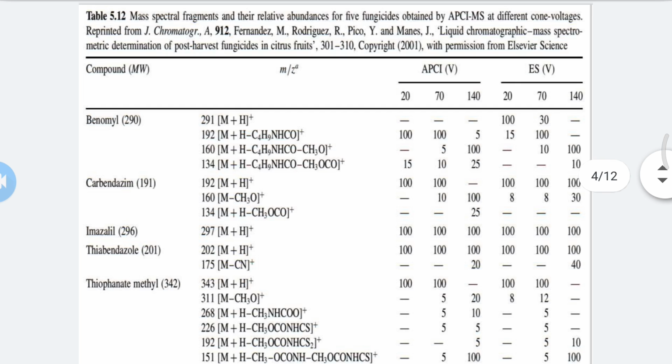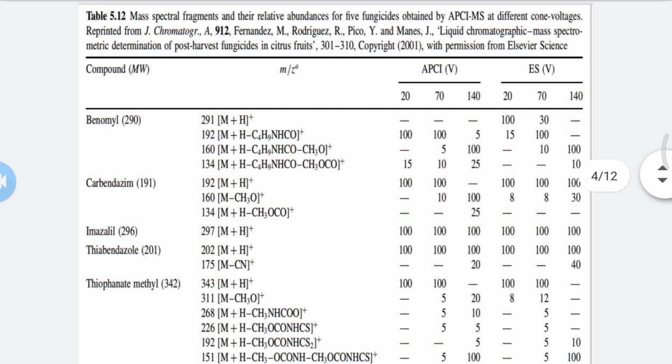These molecular ion peaks are observed when applying 70 electron volts in SIM analysis. Based on the standard series, the detection limit is near about 0.1 microgram per ml.